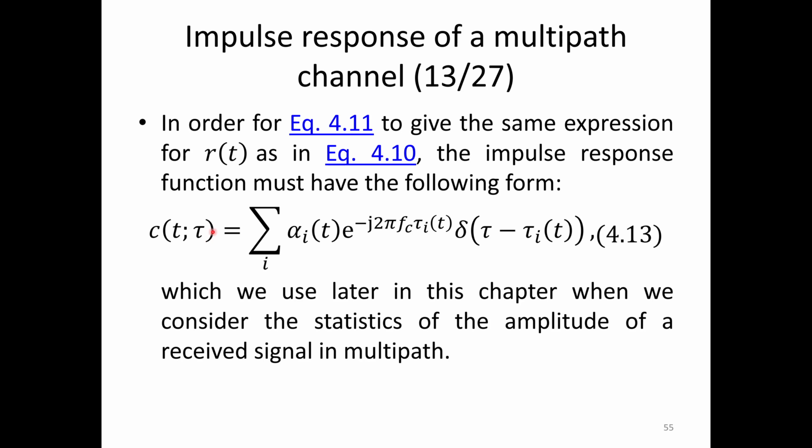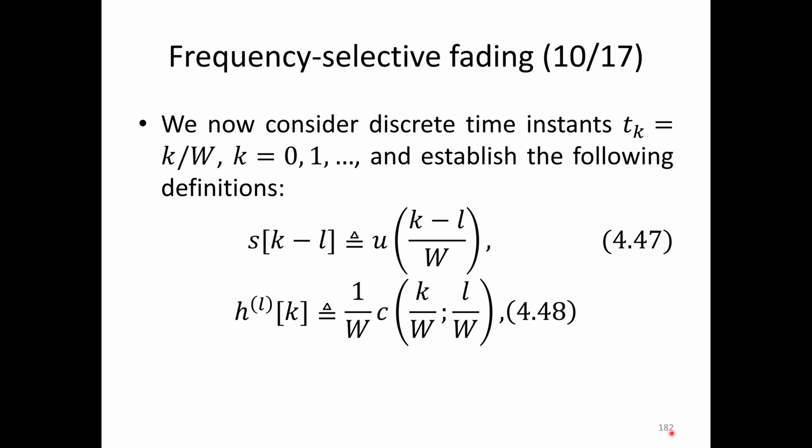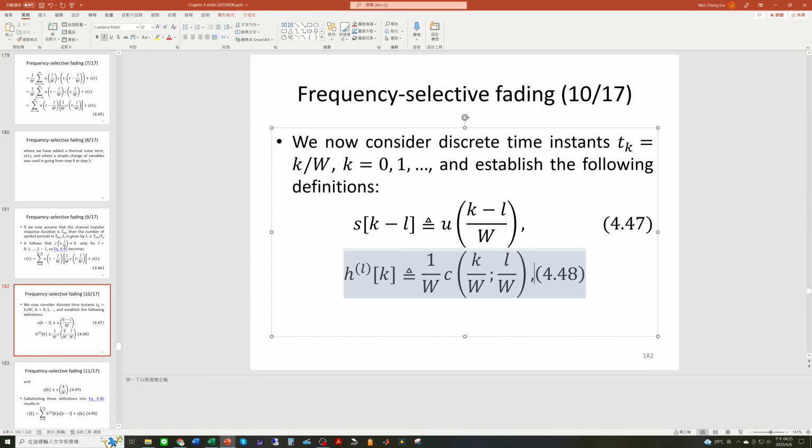So C of T, tau is the impulse response function. It is on page 55. Let us go back to page 182. So this equation number is in the wrong place. Let me correct it.